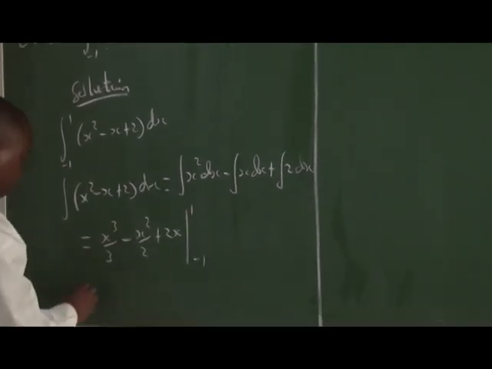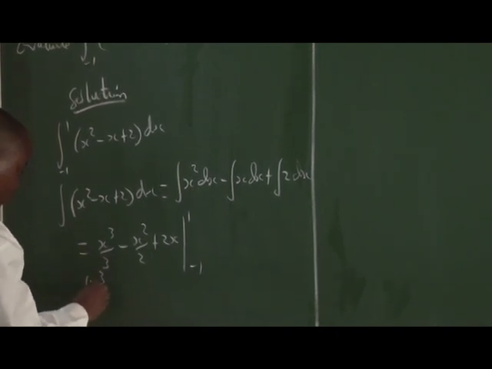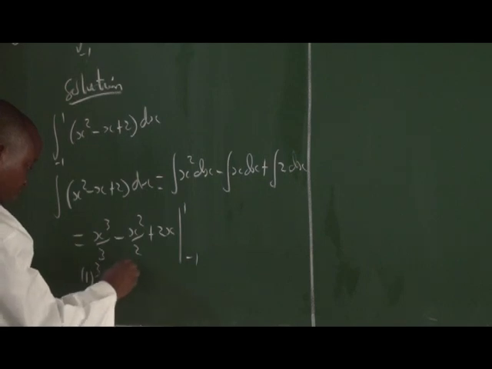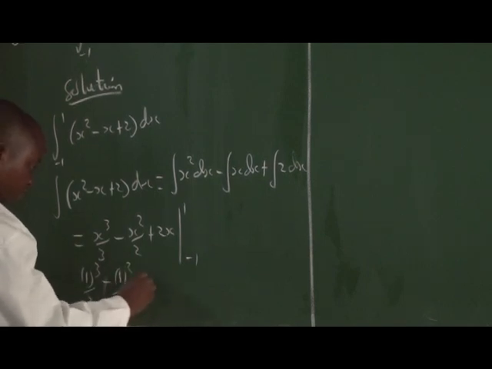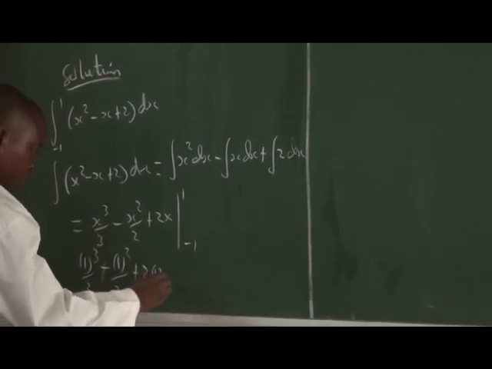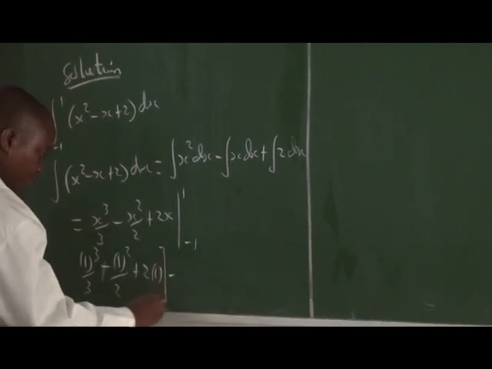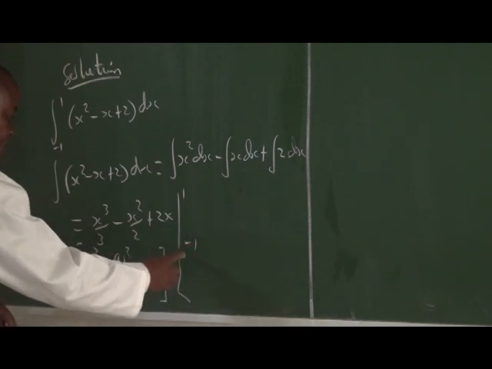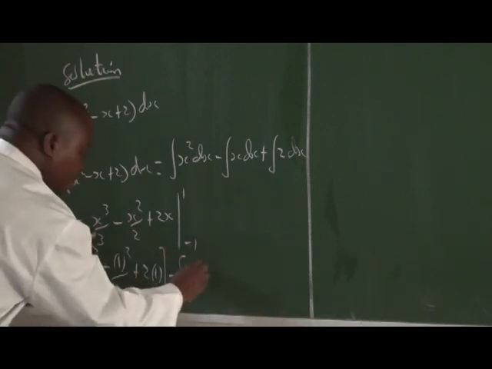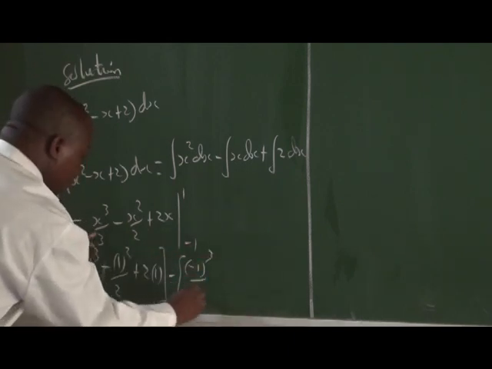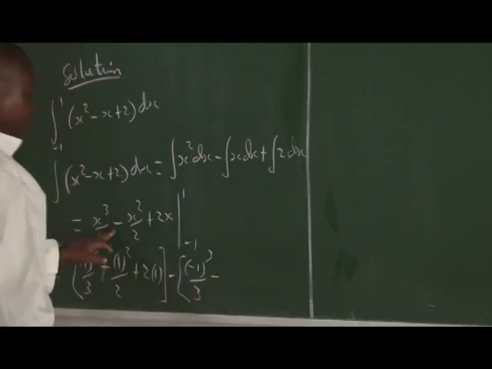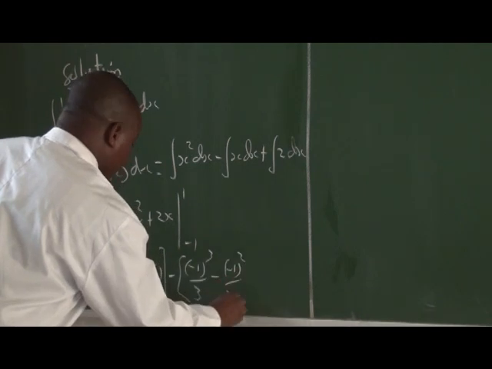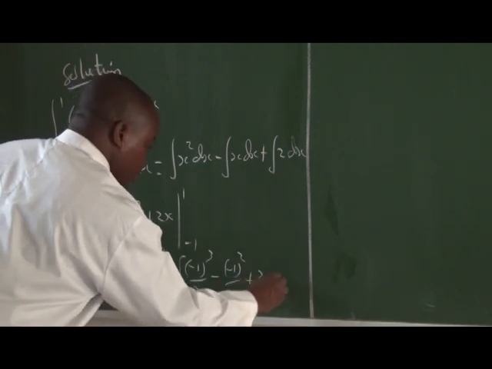to have 1 cubed over 3 minus 1 squared over 2 plus 2 times 1. Then minus, look at that, minus, you put the downside here, which is minus 1 cubed over 3 minus 1 squared over 2 plus 2 times minus 1.